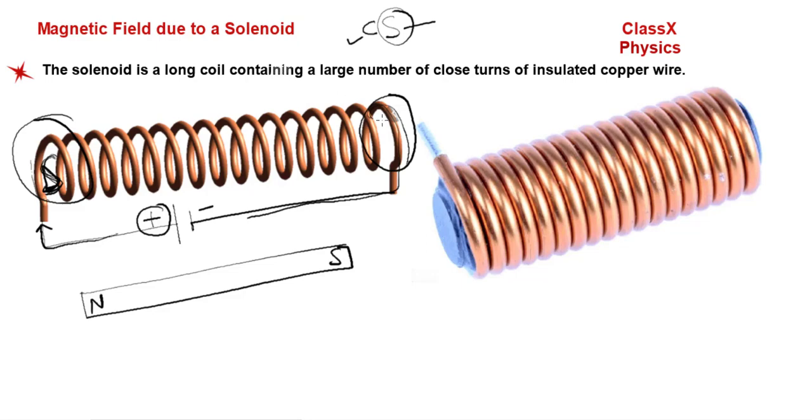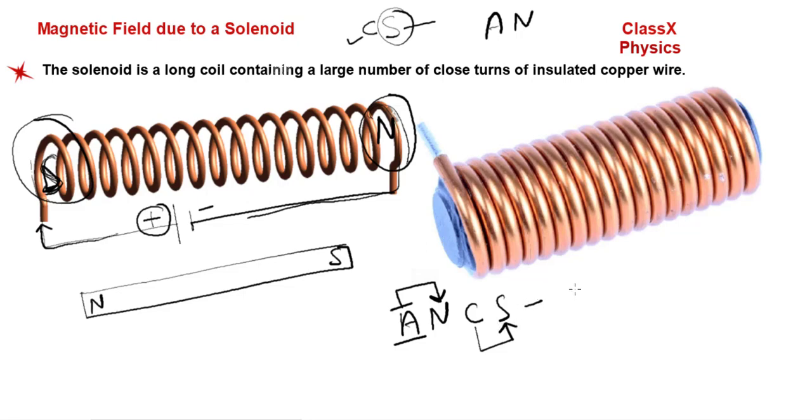So it will be the north pole, because I had told you a shortcut: A and C, S. When we observe anti-clockwise current flow, that will be the north pole, and where we observe the clockwise flow of current, that face will be the south pole.